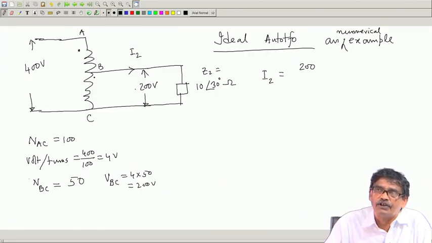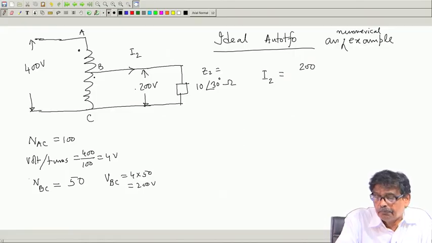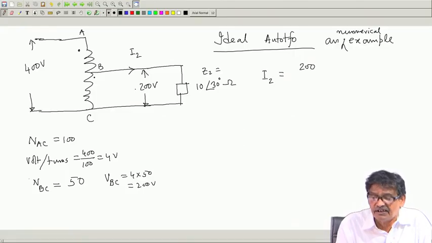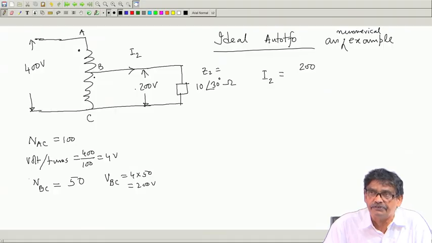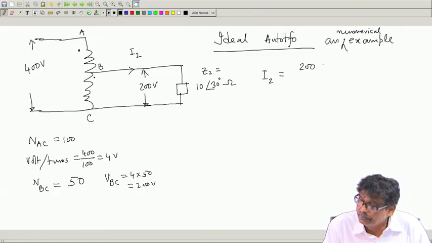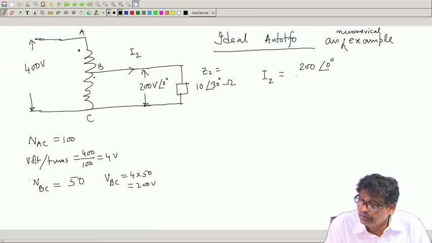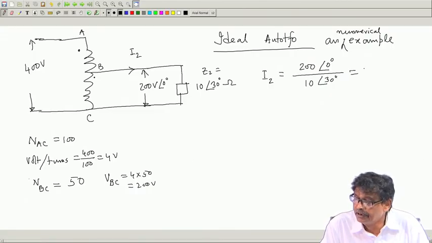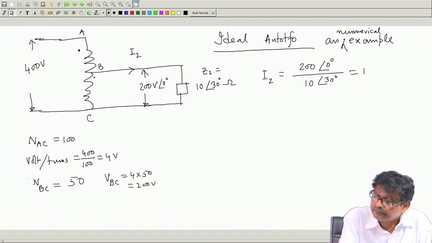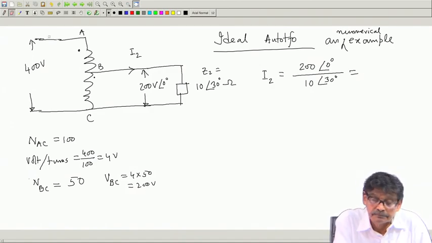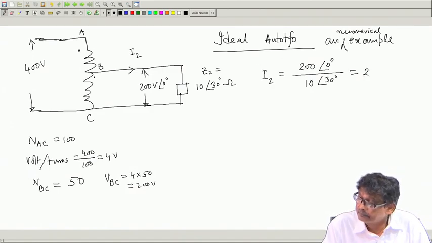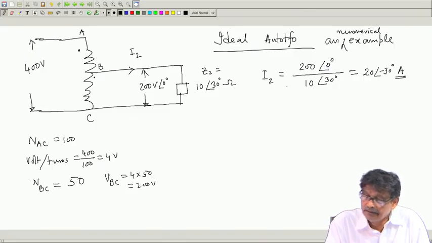Why? Because of common flux, in all this part of these coils same flux is crossing, only the number of turns are different. Therefore, taking this voltage as reference, I 2 I will calculate simply like this, which will be equal to 20 angle minus 30 degree ampere. I will get I 2.